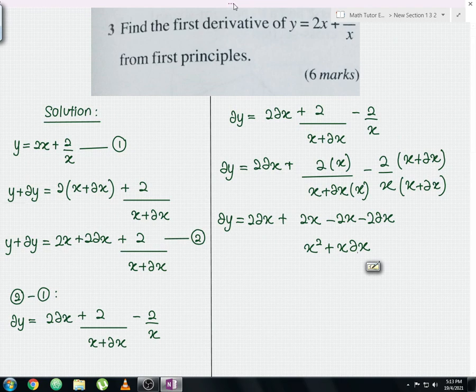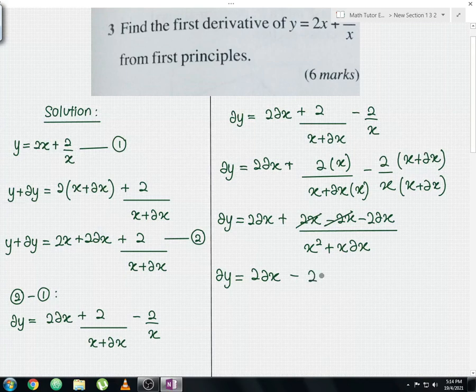Let me underline the fraction. So 2x minus 2x, you get 0, so you can cancel them out. From here you will get delta y equals 2 delta x minus 2 delta x over x square plus x delta x. Let me underline the fraction.